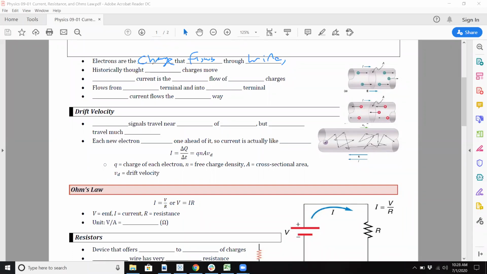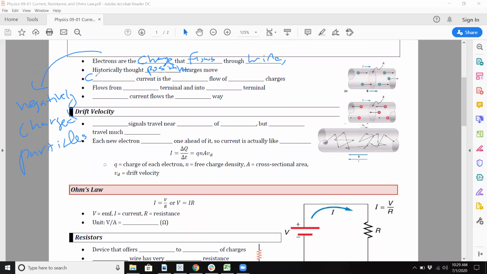Historically, it was thought they were positive charges, but they're really negative. So they're negatively charged. You probably learned about that in chemistry.